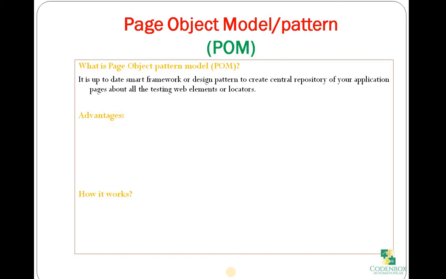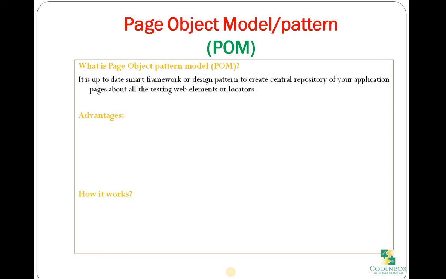It creates a central repository for all the pages you are going to test from your application, with all their belongings, like all of the testing web elements. As an example, the login page has a username, password, then a login button.